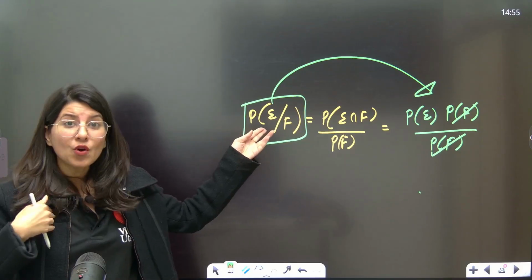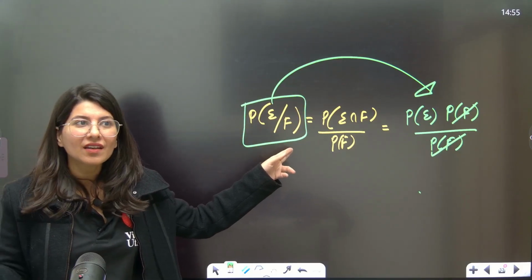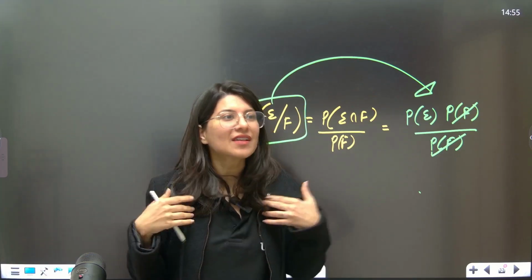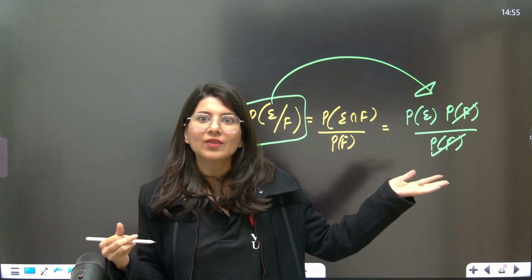The probability of me going to Goa given that Diksha ma'am has gone to Kashmir is just the probability of me going to Goa, because how does it matter if Diksha ma'am is going to Kashmir or not? Are you getting my point?